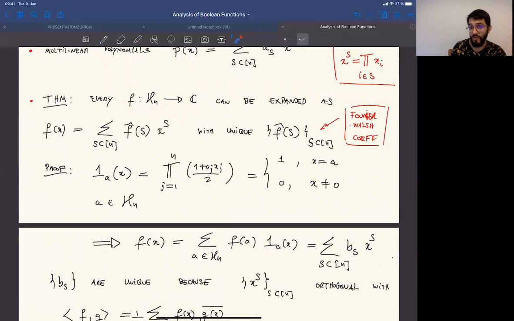What's the dimension of this vector space? Because you can now multiply and add the functions since you're taking complex values. And the dimension of that space will be exactly the number of points in the set, which is 2 to the n. And so the dimensions match. And so this is an orthogonal basis for that space.